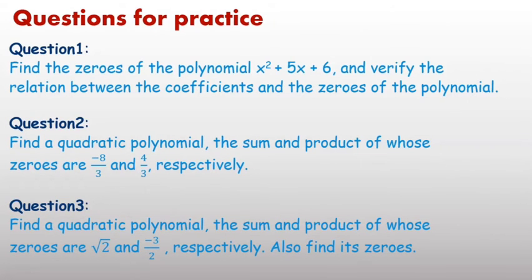In third question, again you have to find a quadratic polynomial if sum and product of zeros are root 2 and minus 3 upon 2. Also you have to find zeros. It implies first you find the quadratic polynomial, after that factorize and find the zeros of the polynomial.